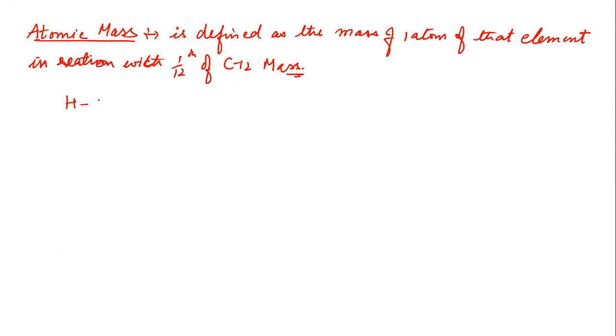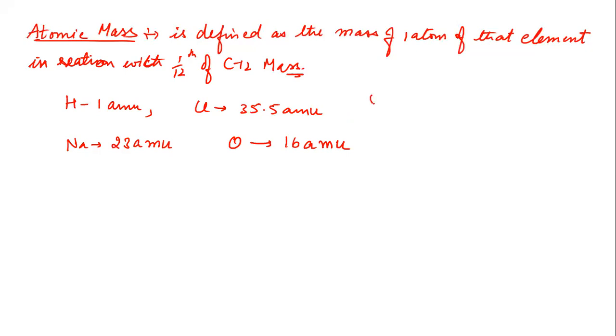For example, hydrogen atomic mass is 1 AMU, chlorine atomic mass is 35.5 AMU, sodium atomic mass is 23 AMU, and for oxygen it is 16 AMU. In a similar manner, each and every element has its own specific atomic mass.